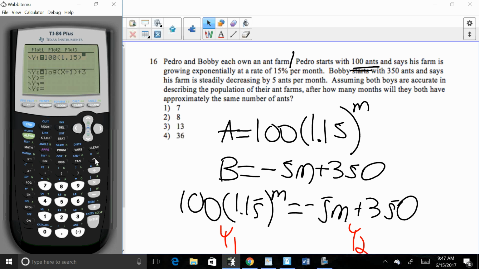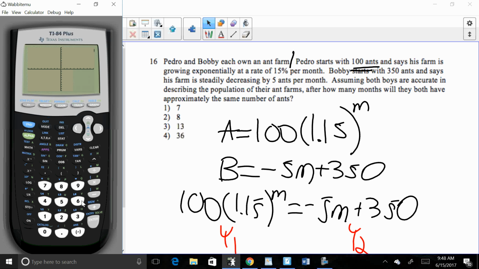I'm sure that behind me right now, all of my students are doing this themselves to make sure they know how to do it. And then we got negative 5x plus 350. Now, I've got a feeling that when I go to Zoom 6, I'm not going to see much.